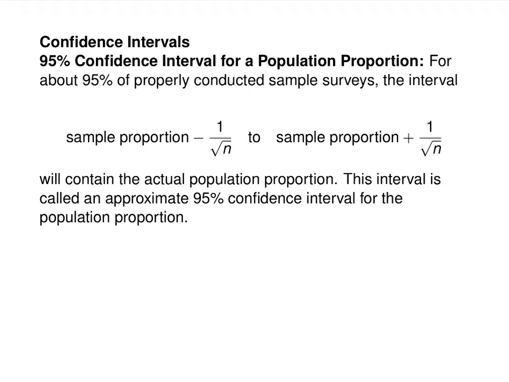And to find the interval of possible proportions, you take the proportion that you found from your sample, and you subtract 1 over root n times 100%. That's the lowest it would be. And then add 1 over root n times 100%. That's the highest it's going to be.